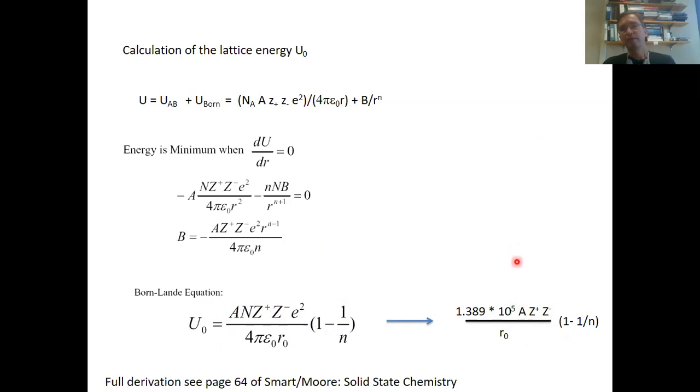Now we can simplify this equation a little bit further. It is still a little unhandy because the Madelung constant appears, and the Madelung constant depends on the crystal structure, which we may not always know.